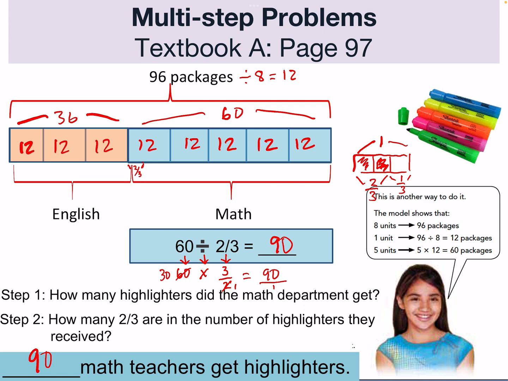Okay, and 1/3 happens to be half a 2/3, right? So there are 1.5 2/3 in one, but we have 60. So 1.5 times 60: 1 times 60 is 60, and half of 60 is 30. So 1.5 60s is 90. Either way we do it, it checks out.